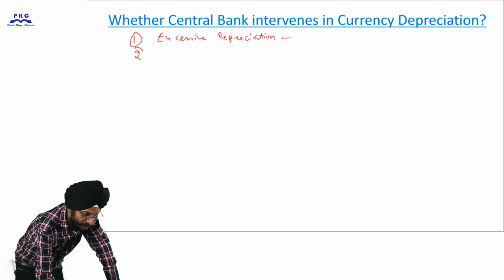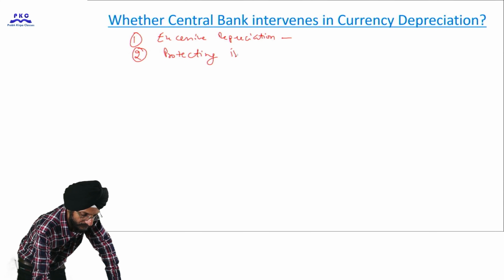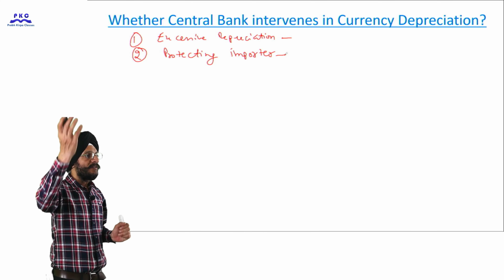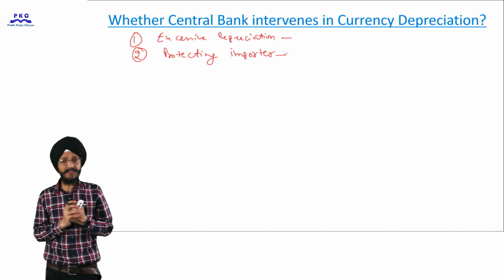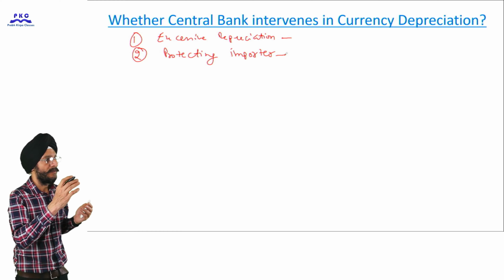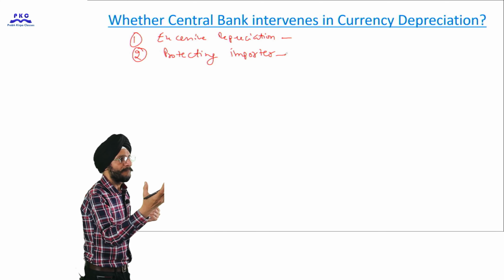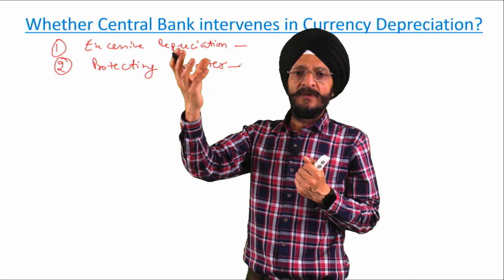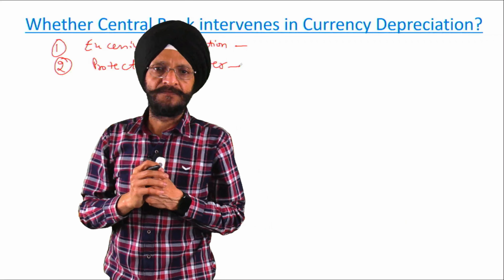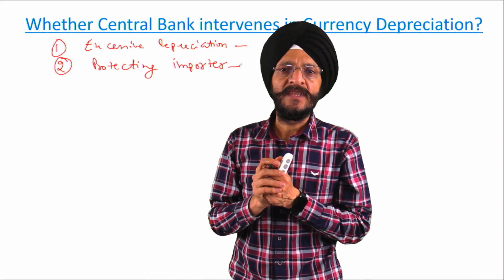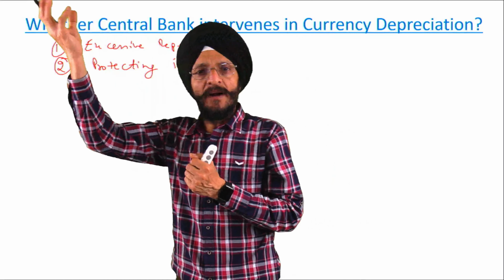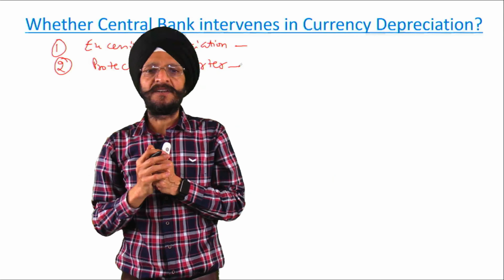Second point is protecting importers. When there is currency depreciation, the imports become costlier. In other words, imported goods become pricey. We have to pay more to buy the imported goods. There are certain industries in every country which obtain raw material from other countries.